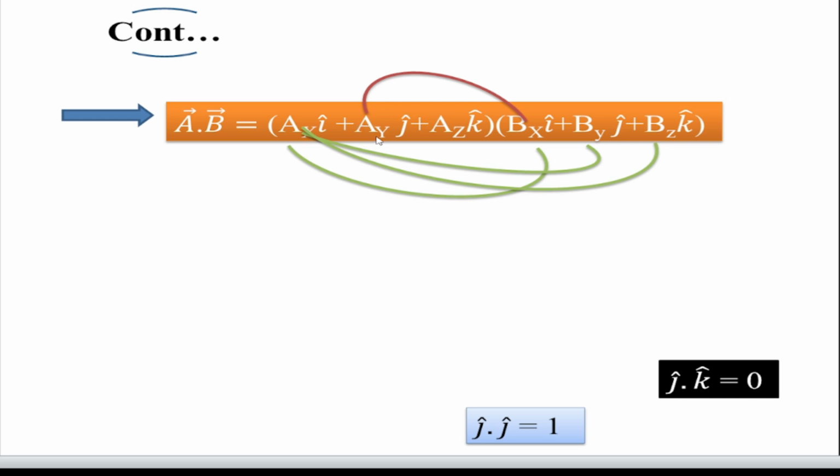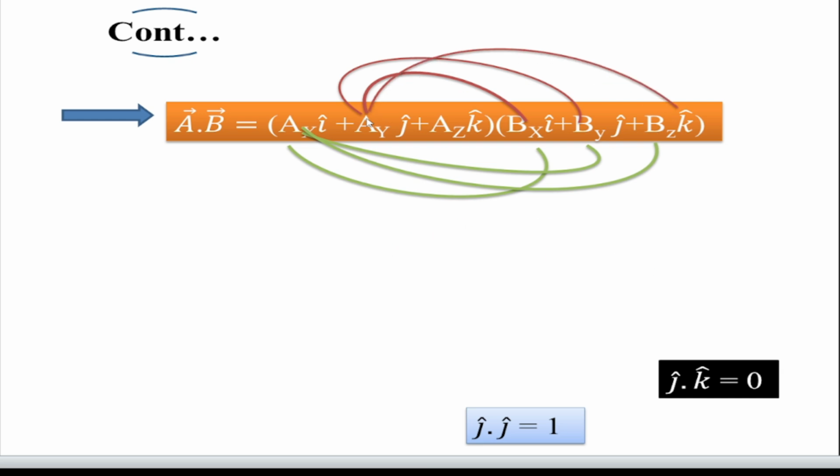Followed by the y component of vector A multiplied with the y component of vector B. Then after, the y component of vector A will be multiplied by the z component of vector B.